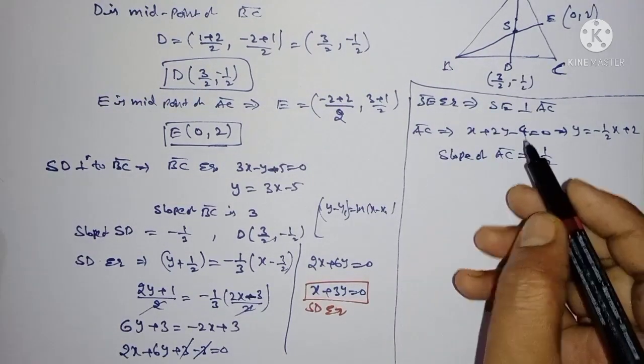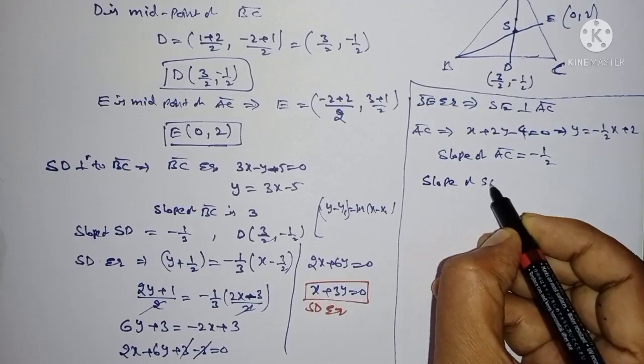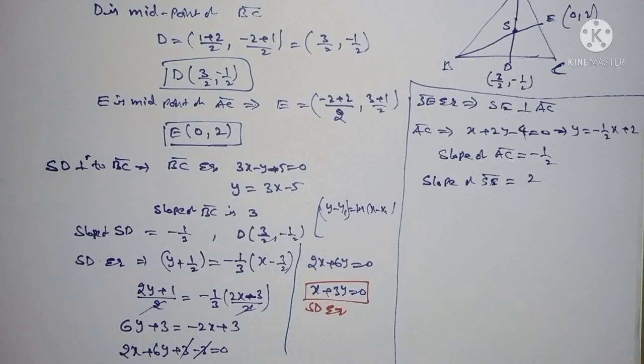Therefore, SC is perpendicular to AC means slope of SC directly can write here 2 only. Minus 1 by m. Reciprocal and additive inverse.